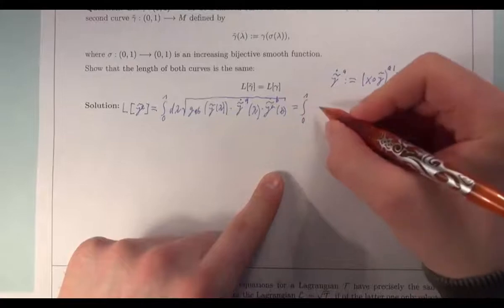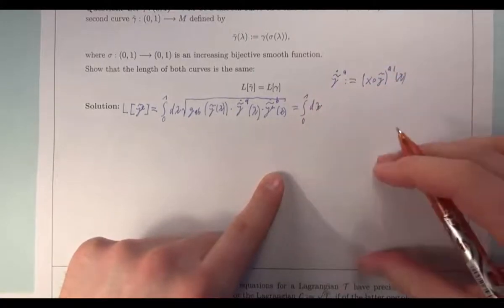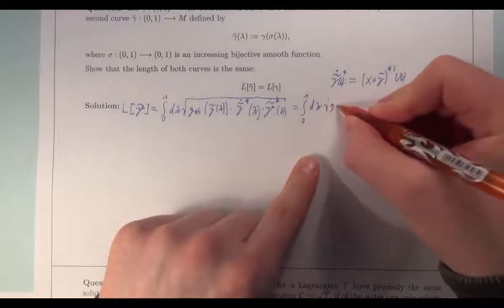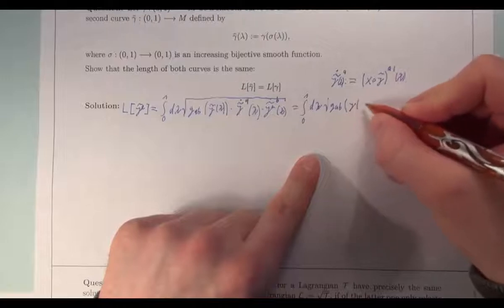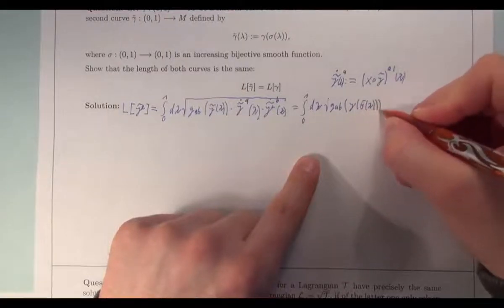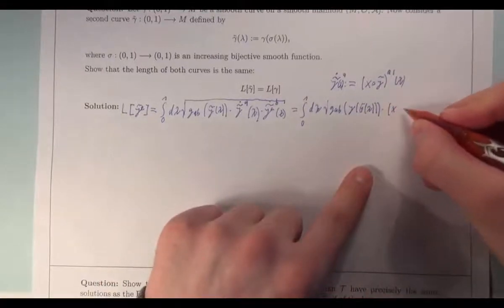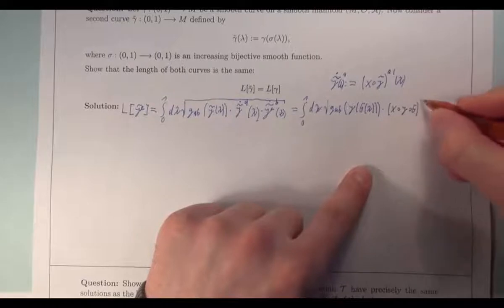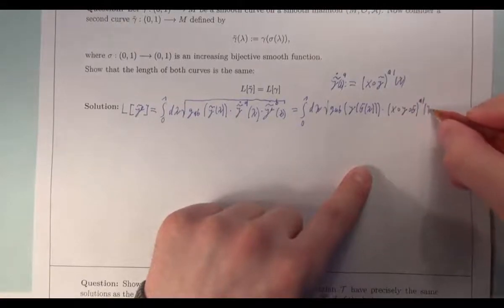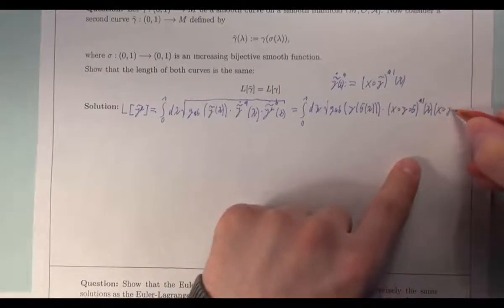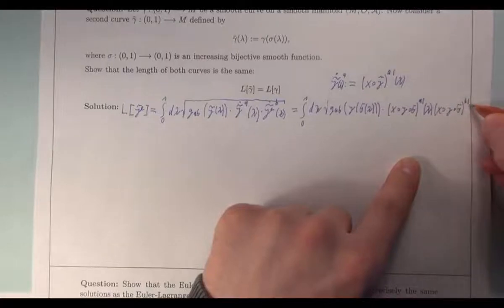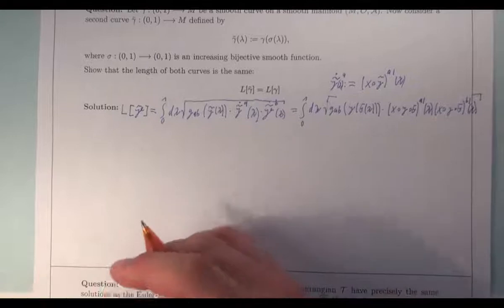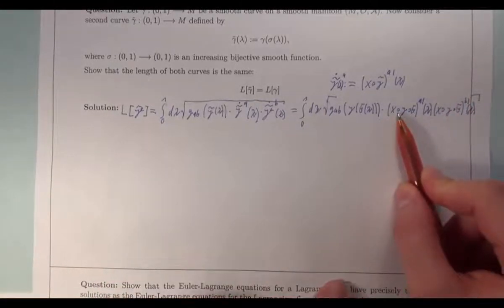So, the integral from 0 to 1 d lambda, and I here missed the d lambda again, is equal to the square root of g_ab of gamma of sigma of lambda, times x of gamma tilde, but I know that gamma tilde is just gamma after sigma, so gamma after sigma, the a-th component derivative evaluated at lambda, times the same again, the b-th component derivative evaluated at lambda. Square root finished.